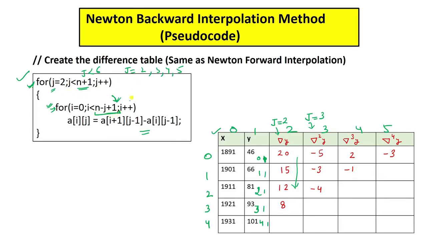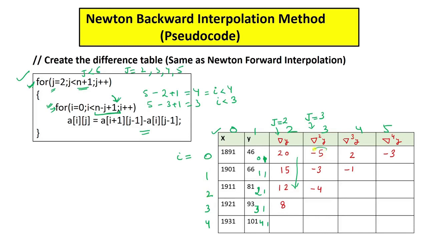For example, if j equal to 2, this will be 5 minus 2 plus 1, so this will be 4, so I less than 4. Now when j is 3, this will be 5 minus 3 plus 1, so this will be 3. In that case I will run less than 3, that means for I equal to 0, 1, 2.